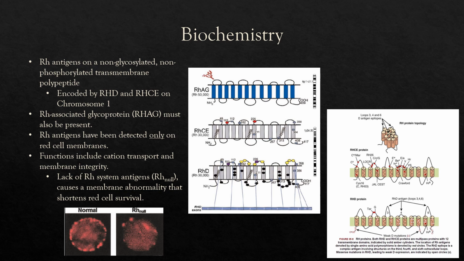Alternative mRNA splicing is probably responsible for the production of 2 distinct polypeptides from the single RHCE gene. Products of both RHD and RHCE are proteins. They traverse the red cell membrane 12 times, displaying short loops of amino acids on the exterior.